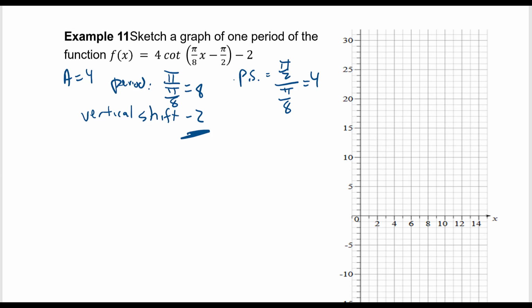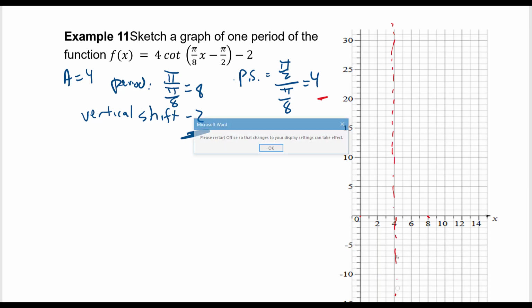I think I tried to go to 16, I didn't quite make it work. I've got the phase shift to worry about. It would be 0 to 8, but we have a phase shift of 4, so we're going to start at 4.